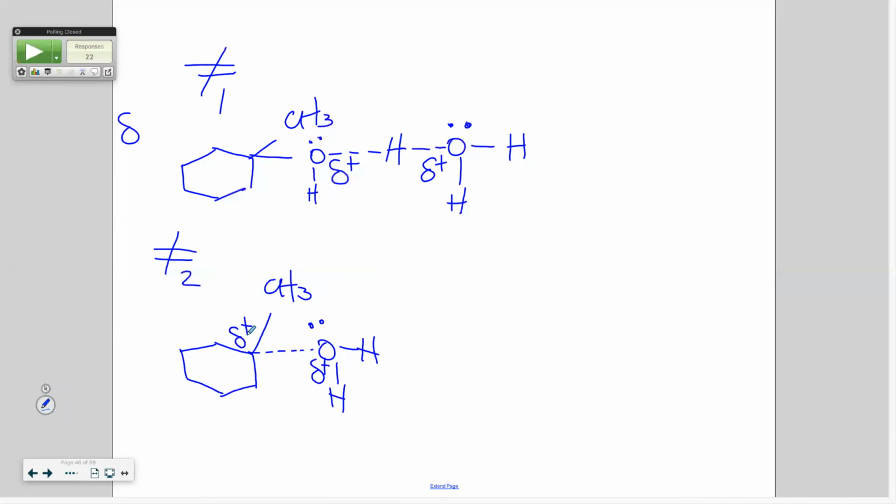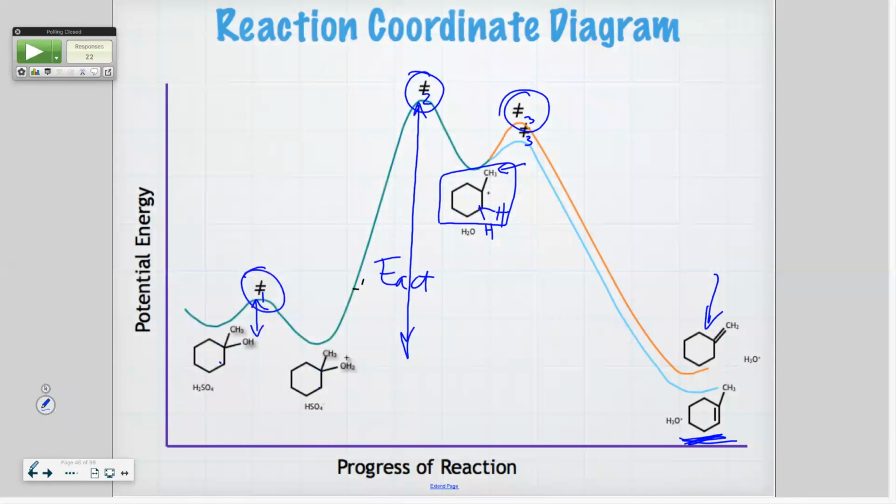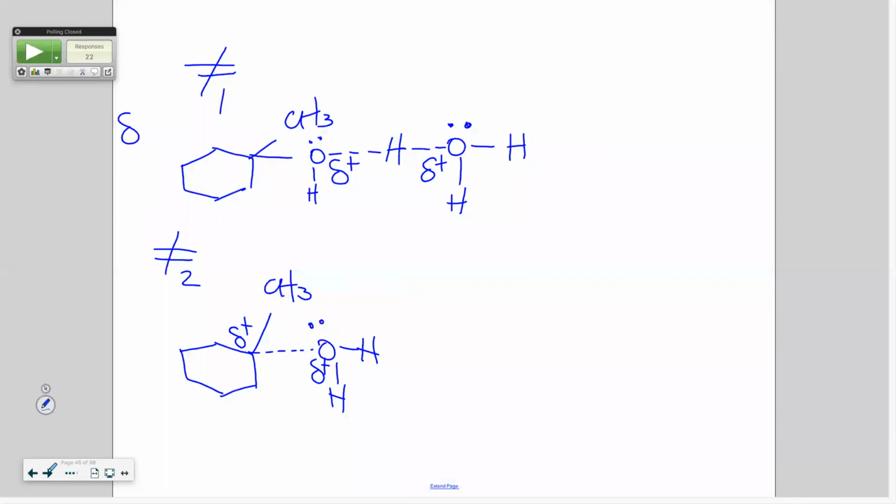So what happens in the third step? We're just going to do it for the more stable double bond. We lose a hydrogen and form a double bond. It really helps to draw that hydrogen in that you're losing.